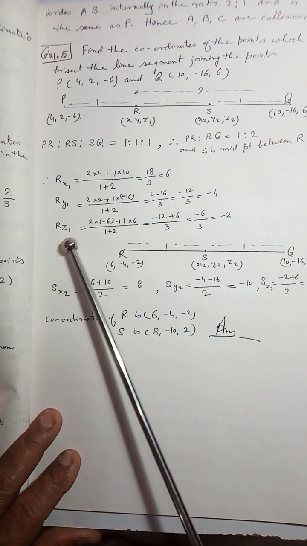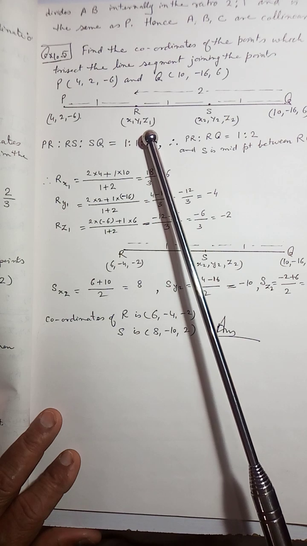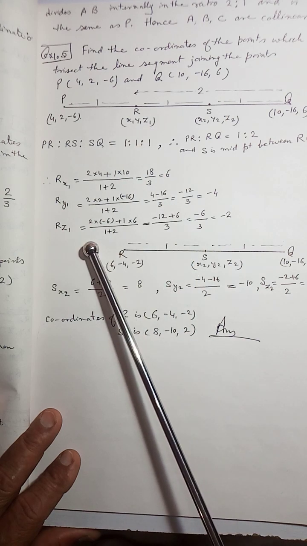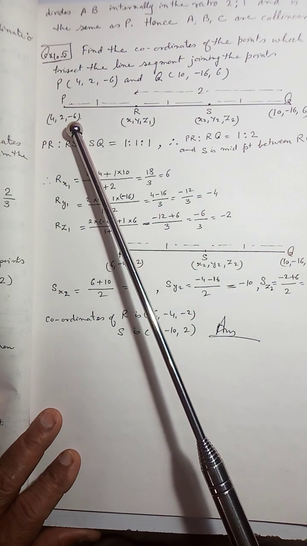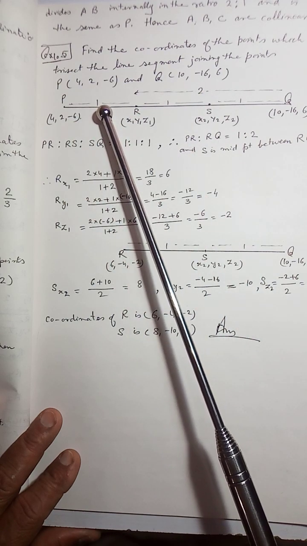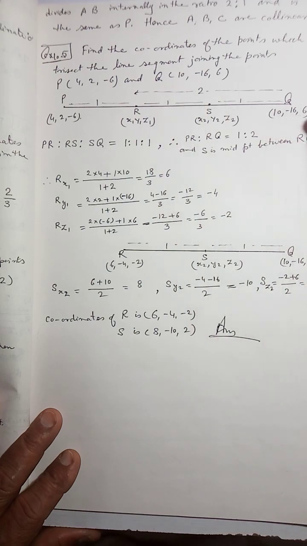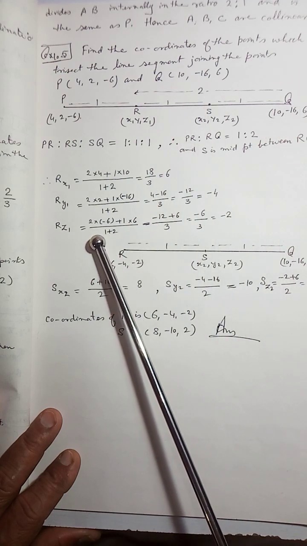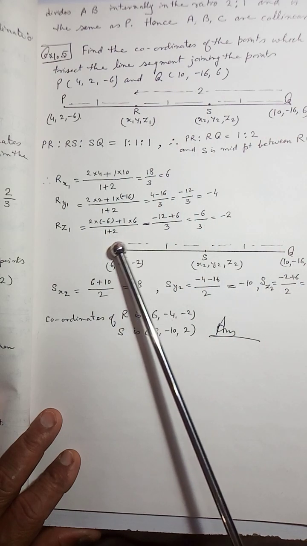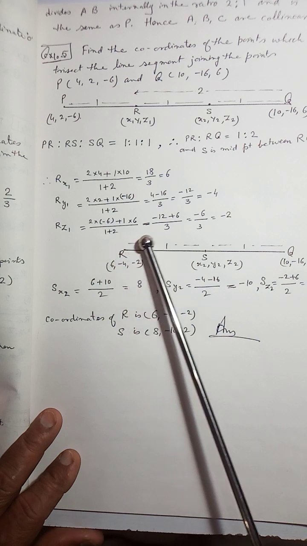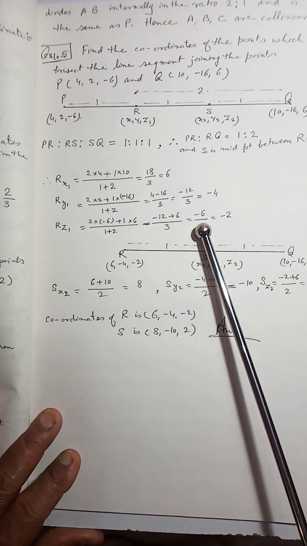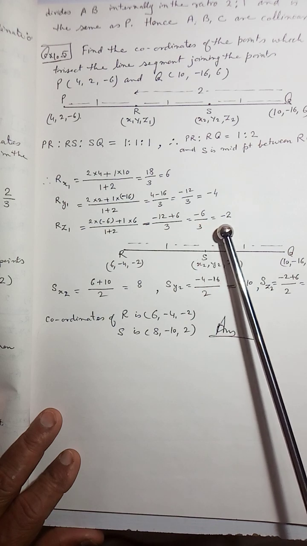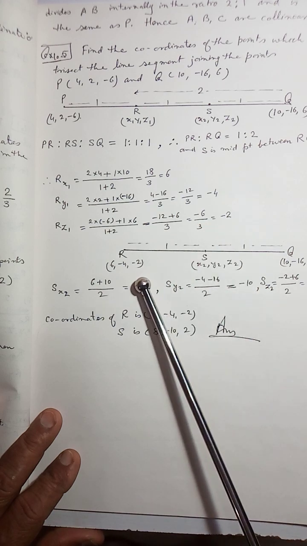Now z1 will be 2 into -6 plus 1 into 6, whole divided by 1 plus 2, equal to -12 plus 6 whole divided by 3, that is -6 divided by 3, equal to -2.